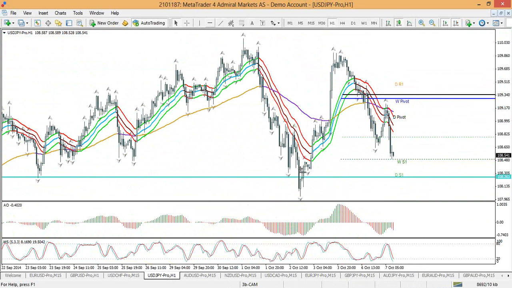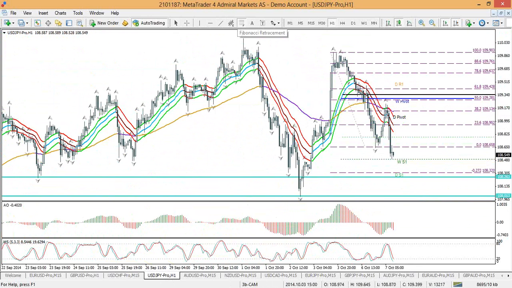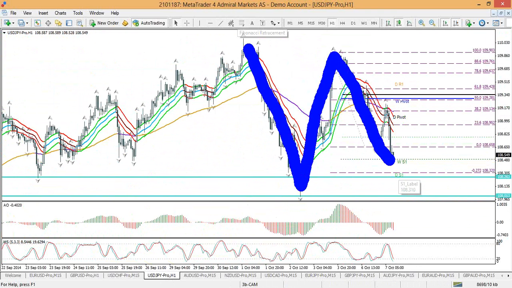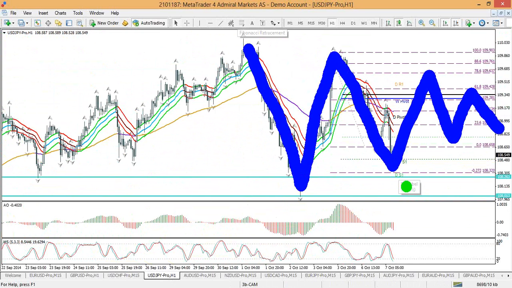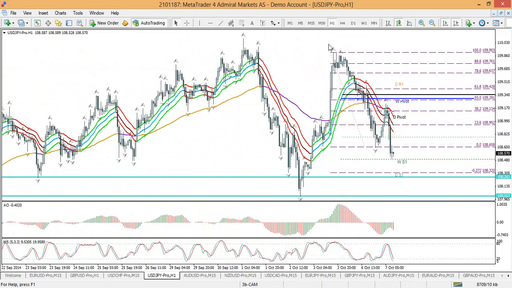That seems to be a potential bouncing spot. Let's put a fib on this very first down move here. I would still be cautious because it could easily make a contracting wedge like this, and price could be bouncing off this bottom soon and then respecting the top again and then bouncing off the bottom again, and could keep that pattern.